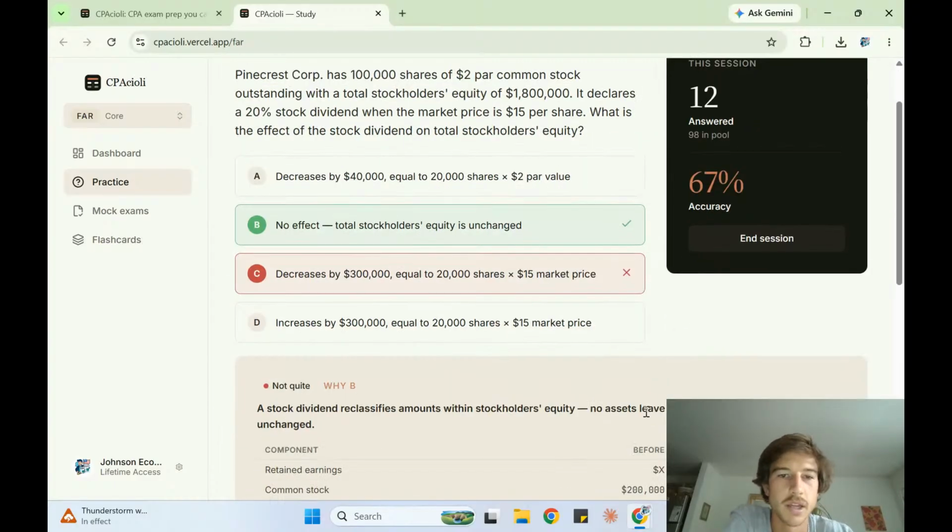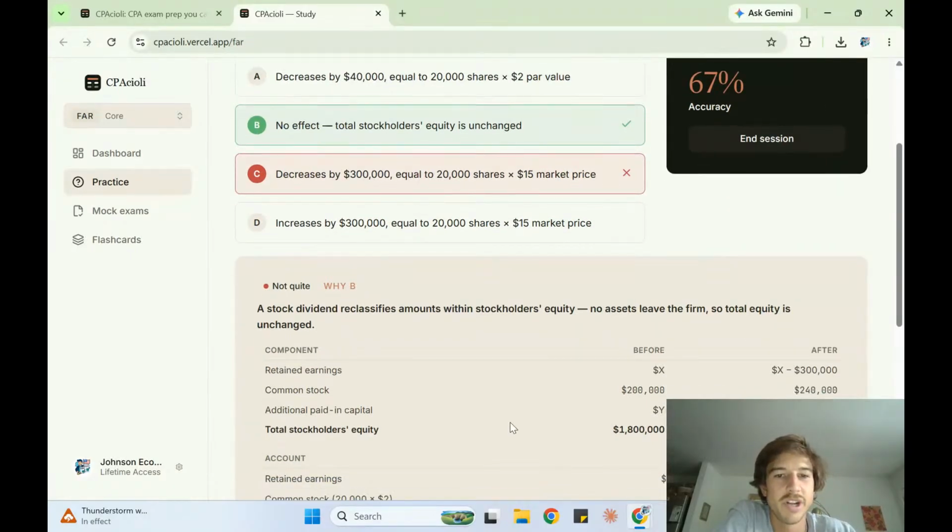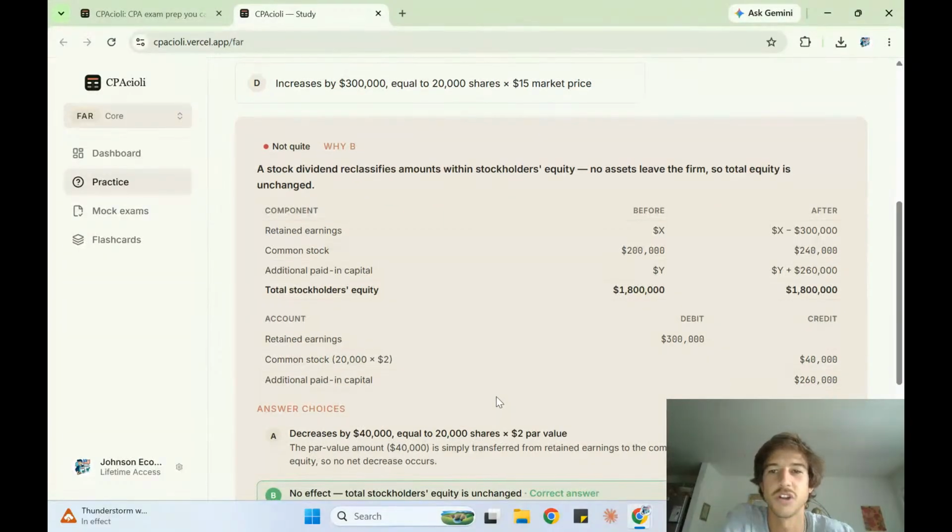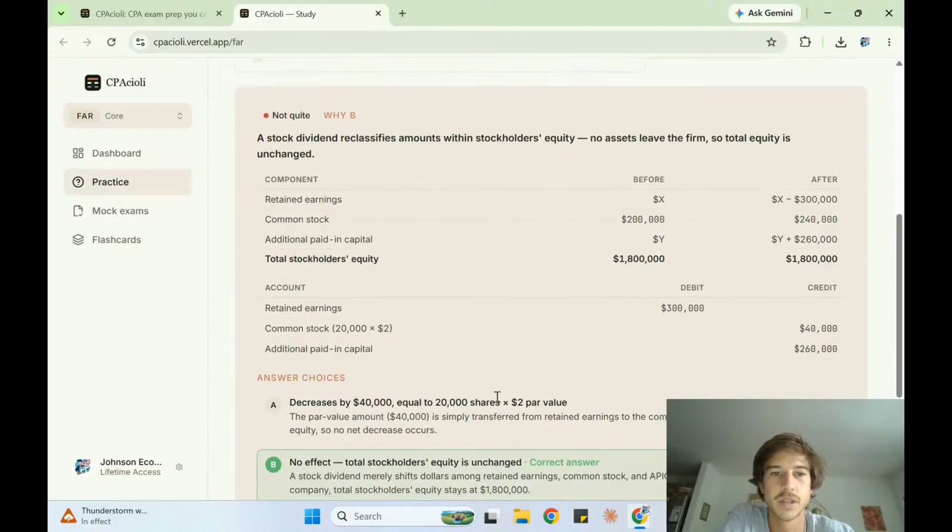Ooh, okay. Stock dividend reclassifies amounts within stockholders' equity. Okay, it just reclassifies it, but it still stays in stockholders' equity. Dang, that tricked me. Okay, so it goes from retained earnings to common stock and additional paid-in capital, which are both part of stockholders' equity.